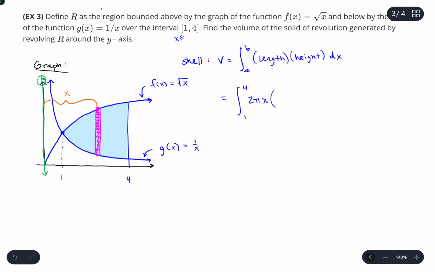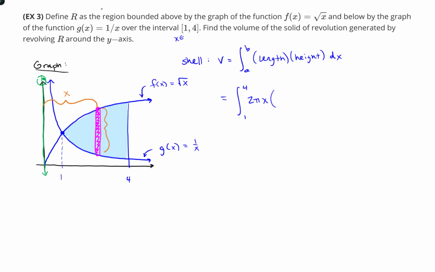And the height of each shell will come from the height of this rectangle. Now, the examples we've done so far have had the rectangle attached to the x or y axes. That's not the case here, but that's no big deal.